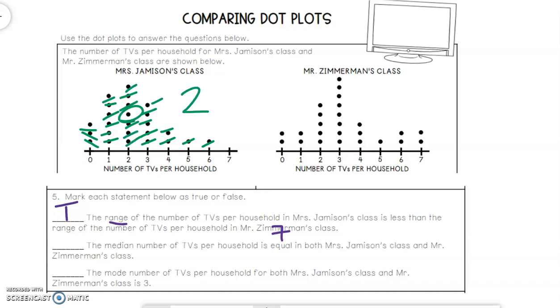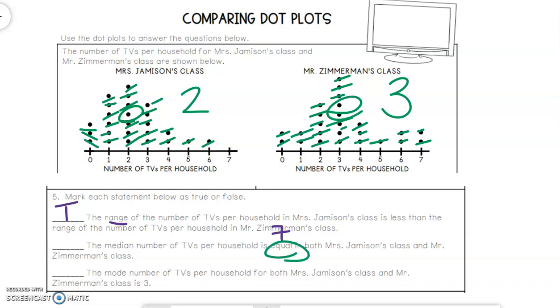So my median for Mrs. Jamison, because median means middle, is 2. My median for Mr. Zimmerman looks like it's going to be 3. Well, 2 and 3, are they equal? Because it says it's equal. No, they are not. So that would be false.